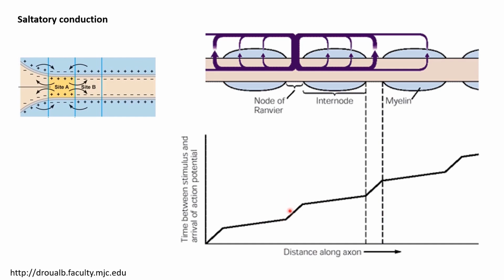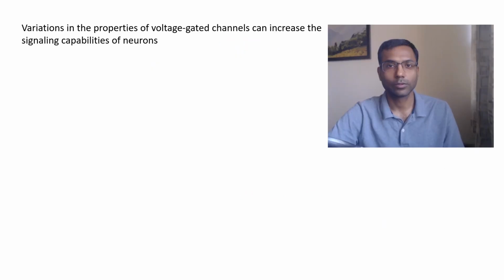Then again, it takes some time to regenerate here, and then it takes very little time to go to the next node. So we have basically slow conduction in these regions and then fast conduction in the myelinated regions. Overall, by using myelination, we can get up to 10 times faster speed of conduction as compared to an unmyelinated axon. So this concludes our series on action potentials.